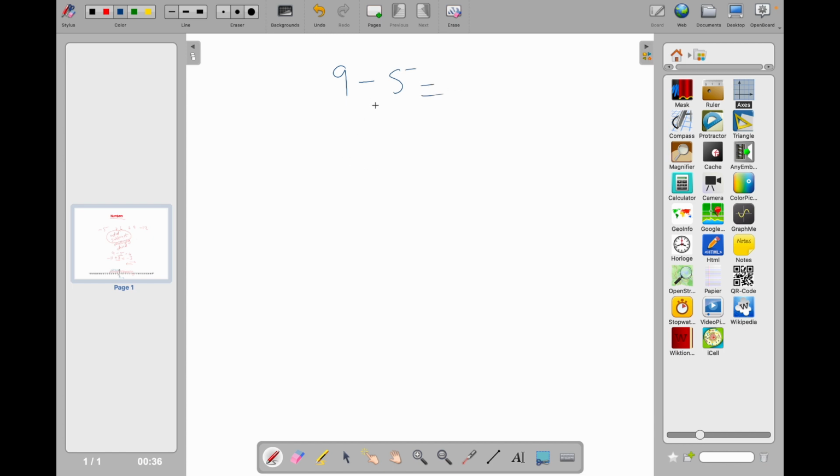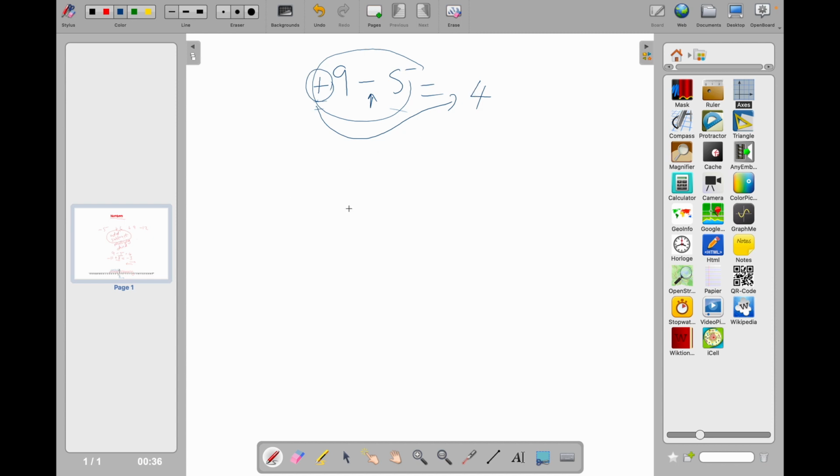Look what we did: we have different signs, this one is plus, this one is minus. So if we have different signs, we subtract. And what do we do when we subtract? 9 minus 5 is 4, right? And we take the sign of the bigger number and put it here. So this will be plus 4.